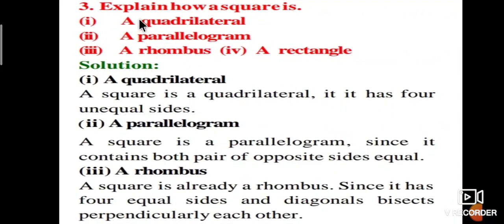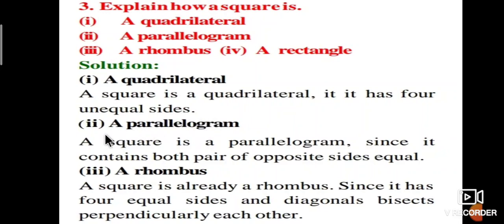Next, the third question. Explain how a square is a quadrilateral, a parallelogram, a rhombus, and a rectangle. A square is a quadrilateral because it has four sides.